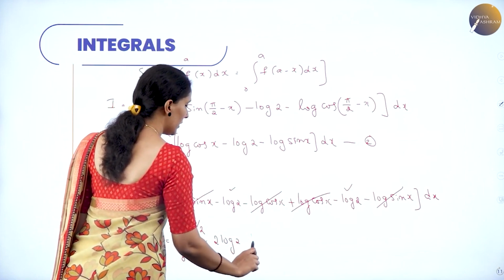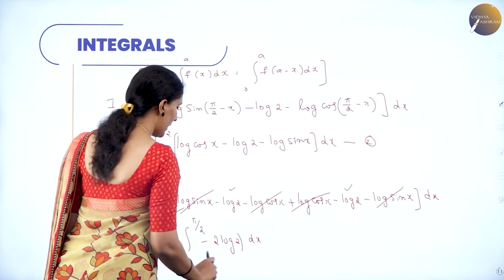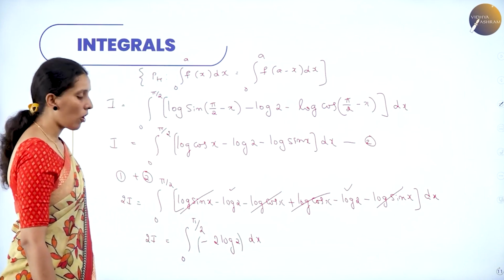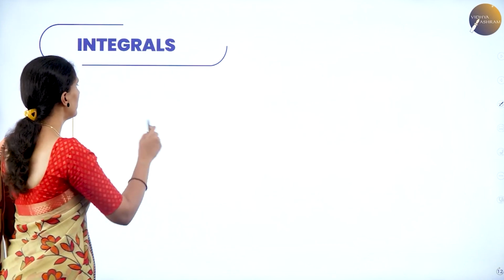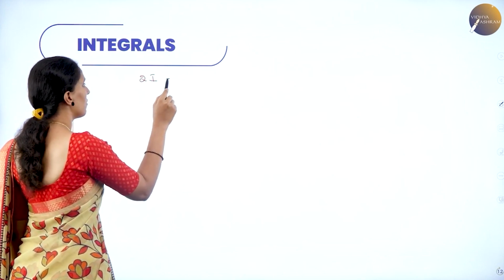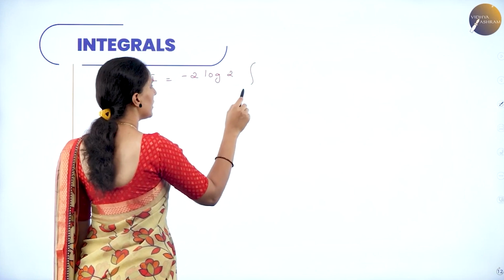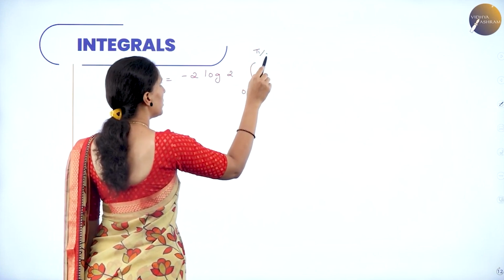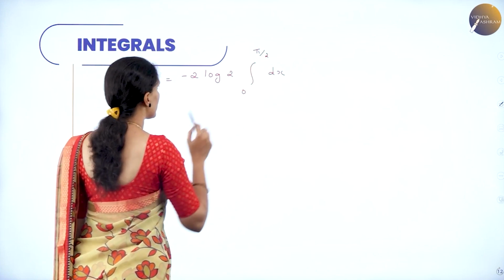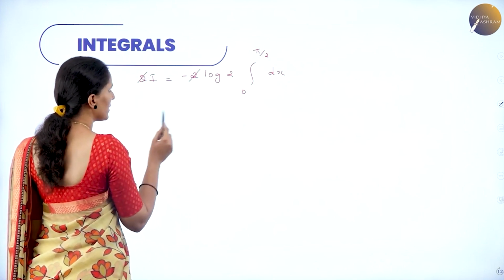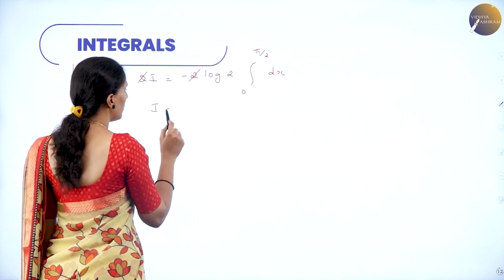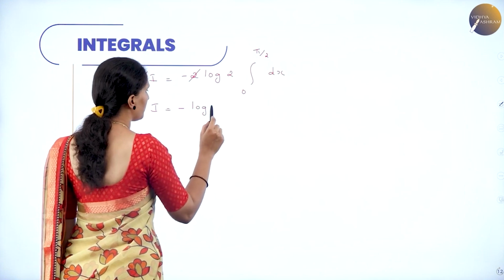So let me take this outside because they are all constant. So then 2I is equal to minus 2 log 2 times the integral 0 to pi by 2 of dx. The 2 cancels here. I is equal to minus log 2 times the integral.